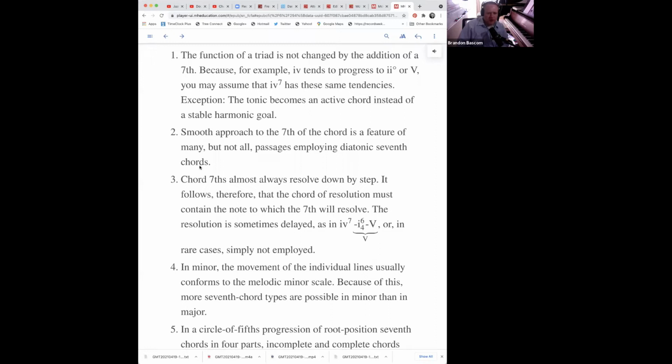So that means we need to go either F G A or A G F. These ones are tricky.